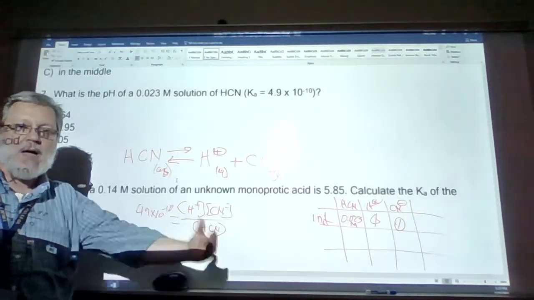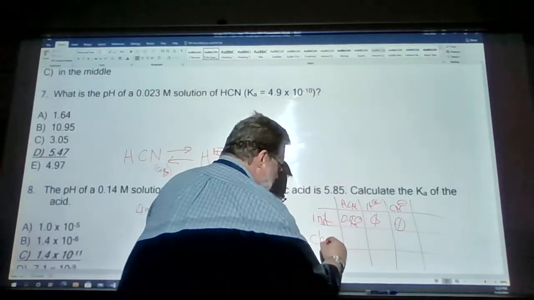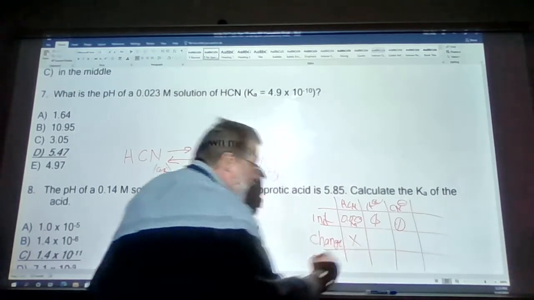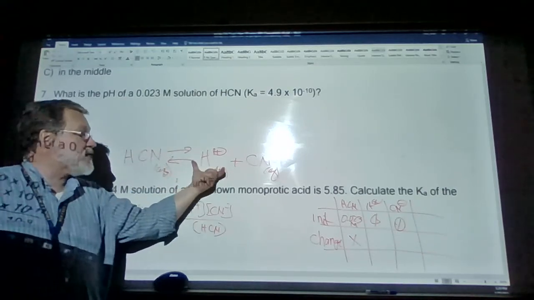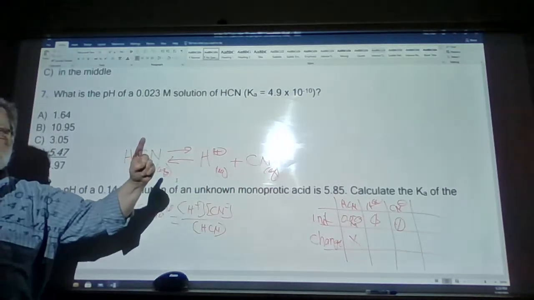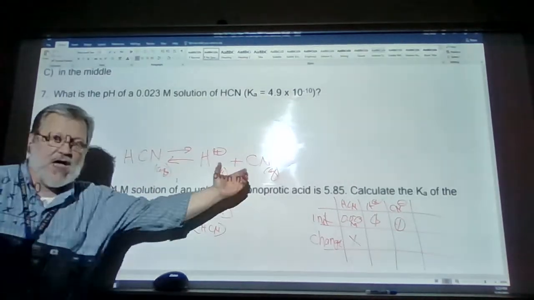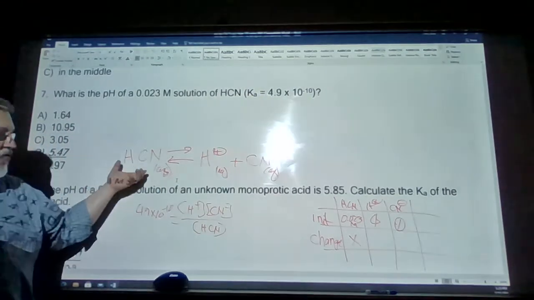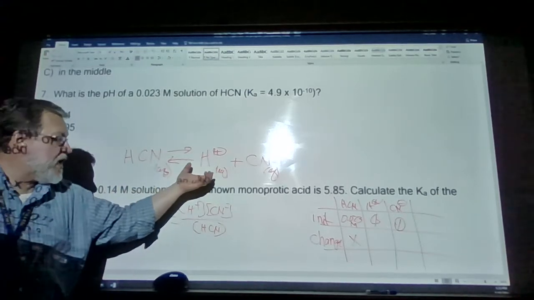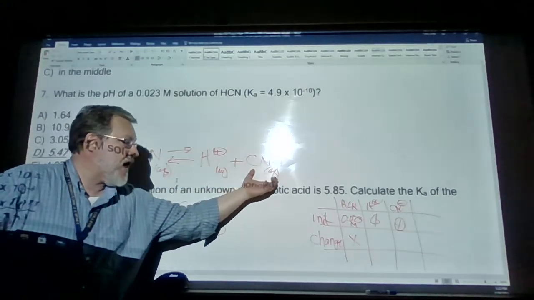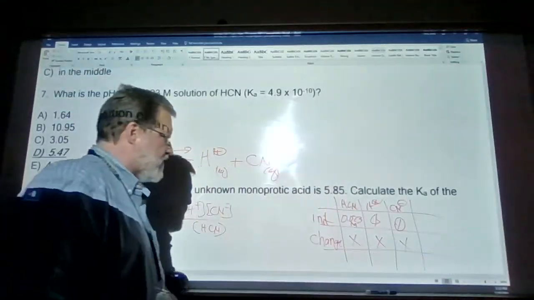So we let that amount that our HCN decreases be X. What is the ratio between HCN, H plus, and CN minus? A 1-to-1 molar ratio. How do I know that? Because I wrote the reaction. That's the value of writing this reaction. So as much of the HCN that ionizes, it forms X amount of H plus and X amount of CN minus.